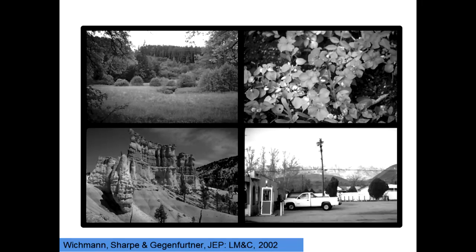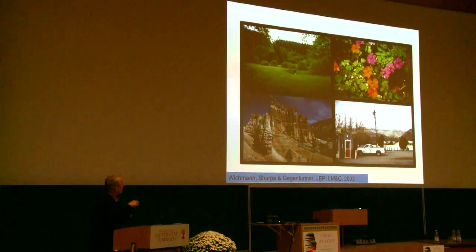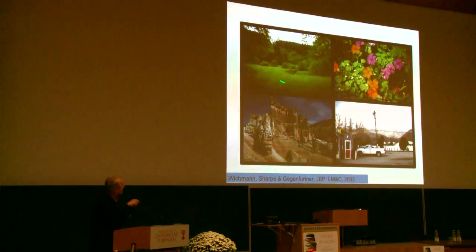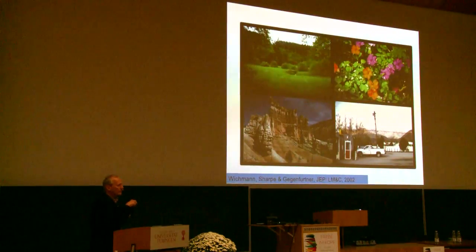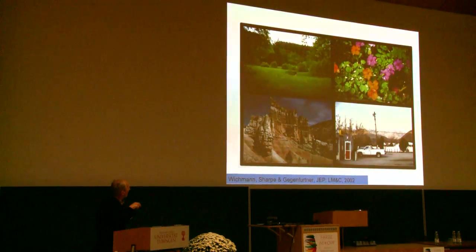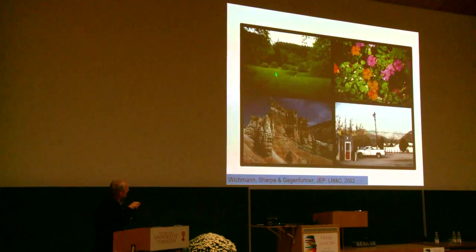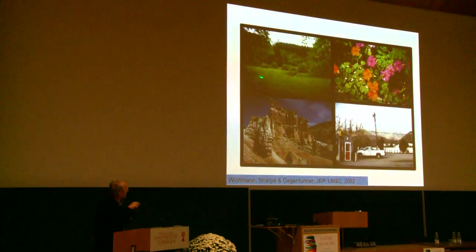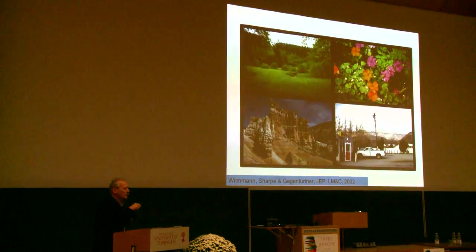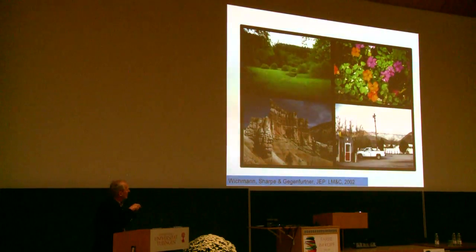And the images were basically from 4 different classes of images. So the first class of images was green landscapes from around Tübingen, and the color was very homogeneously green throughout the image and also didn't differ very much between the images.